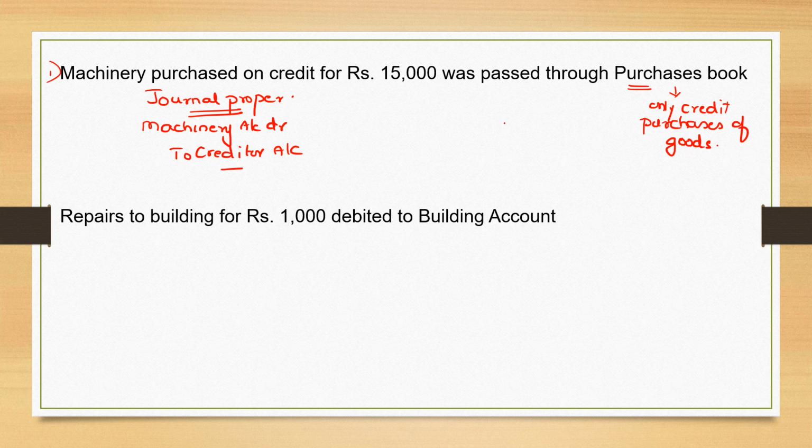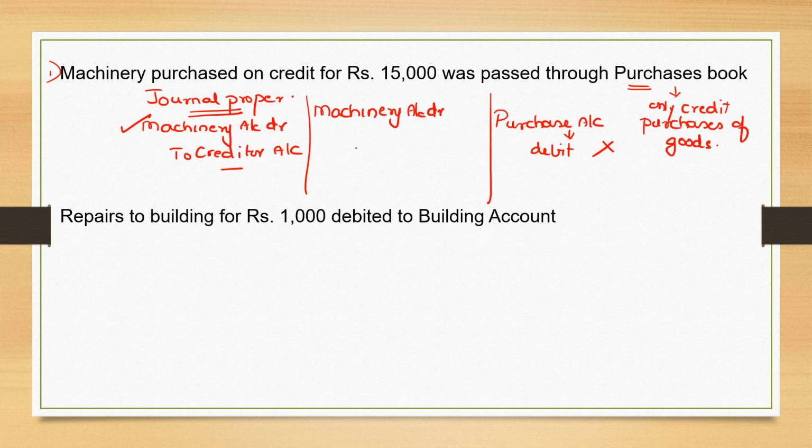So wrongly, what has happened? Purchase account has been debited, which is the mistake. It should have gone to the debit of machinery account, but it has gone to the debit of purchase account. Now to rectify it, what would be the rectification entry? It should have gone into the machinery account, so we would debit the machinery account.